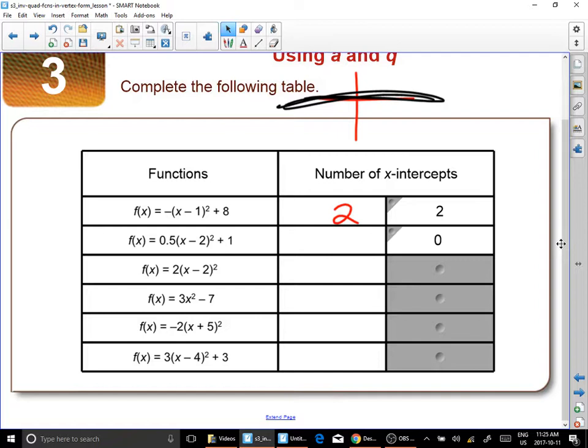What would the vertex of the third quadratic function be? (2, 0). 2 and 0. And it's pointing up or down? How many x-intercepts are there going to be?